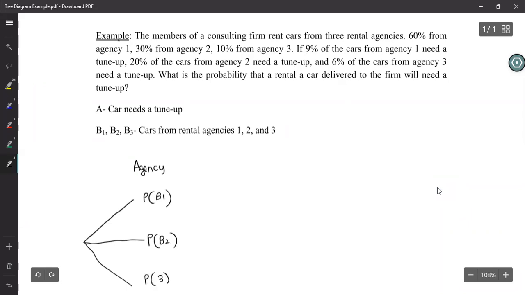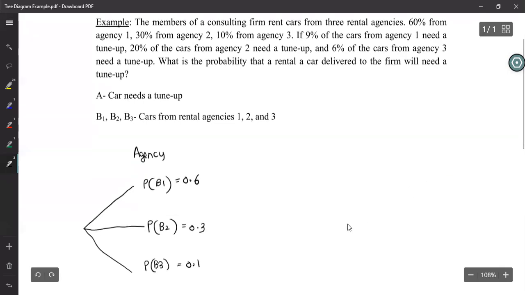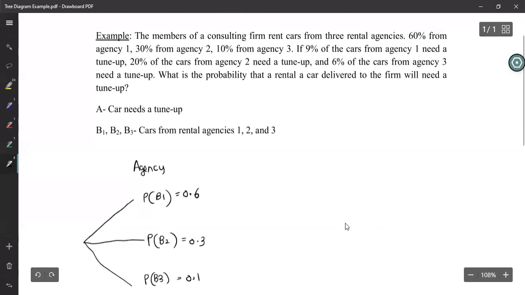Okay. What is the probability of selecting agency 1? 60%. What is the probability of selecting agency 2? 30%. And agency 3? 10%. See, 0.6, 0.3, 0.1, you get the total probability 1. Okay. Now you move to the next one, that is the tune-up.